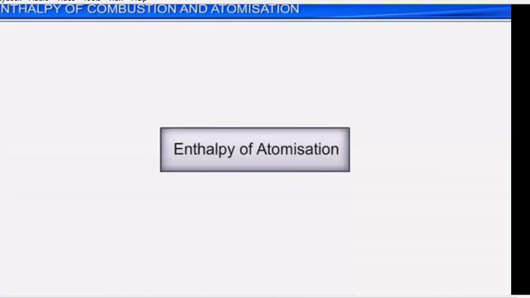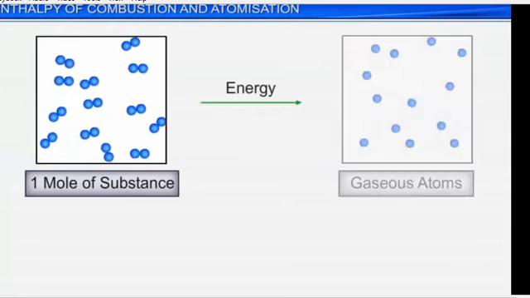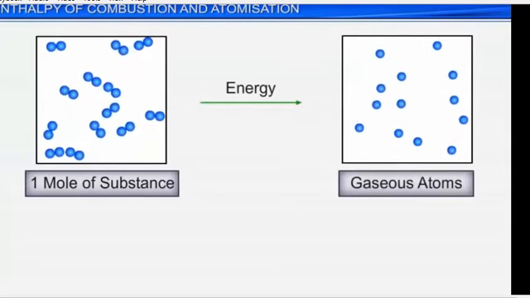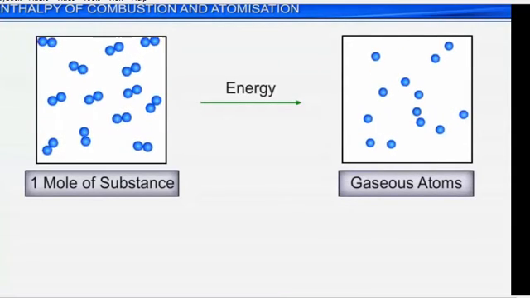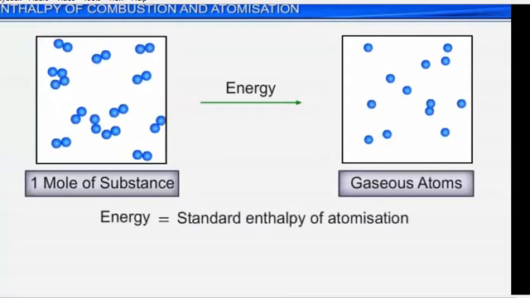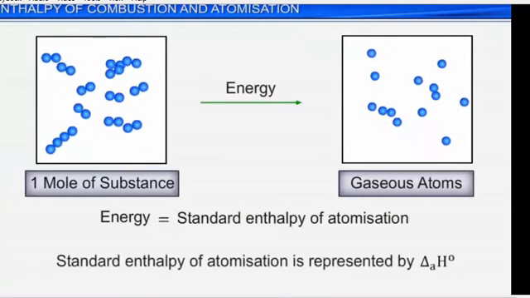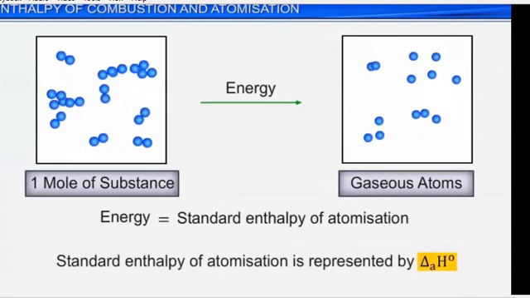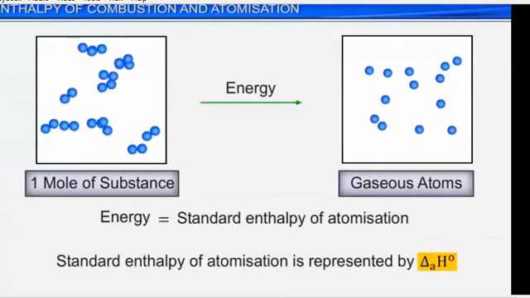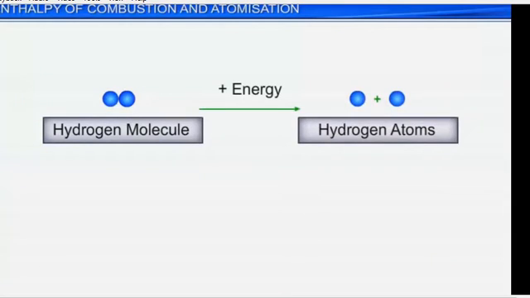Now let's look at enthalpy of atomization. When 1 mole of a given substance dissociates into gaseous atoms, the enthalpy change accompanying the process is called the standard enthalpy of atomization. It is represented by delta aH0. Let's consider the atomization of dihydrogen into hydrogen atoms.